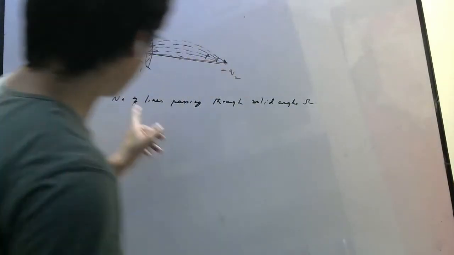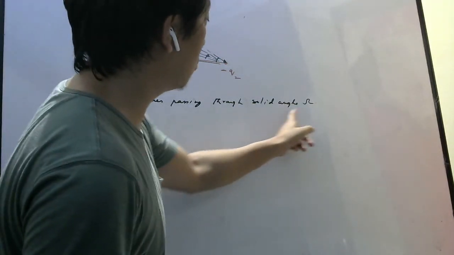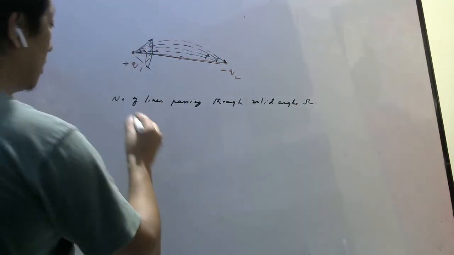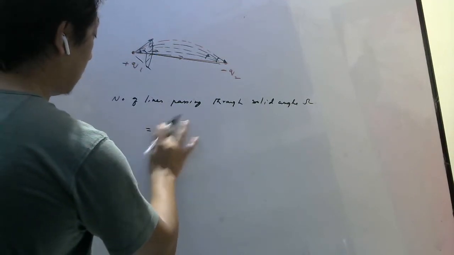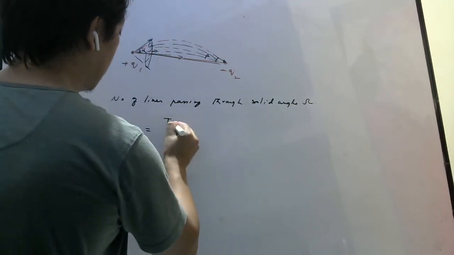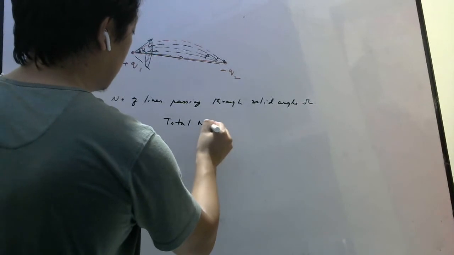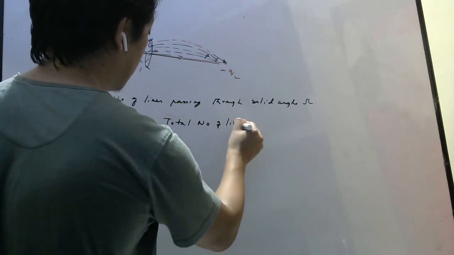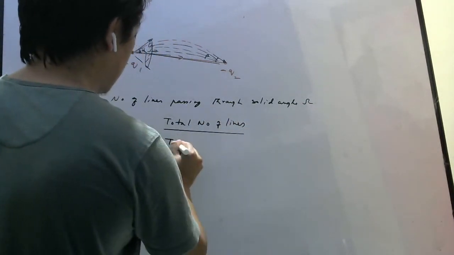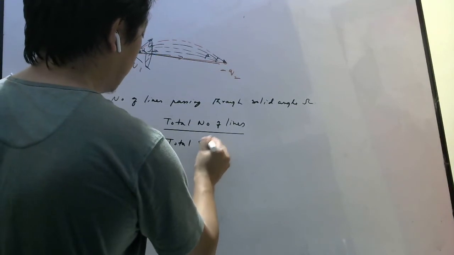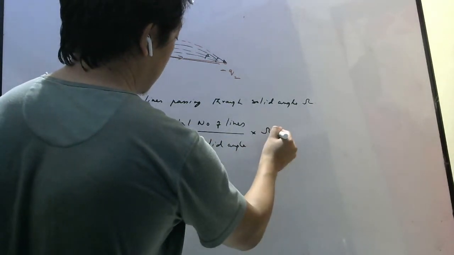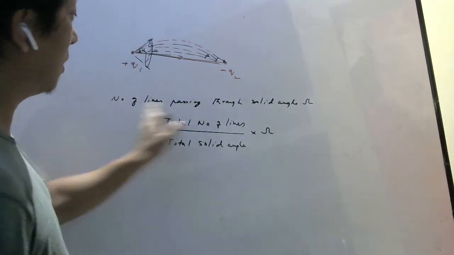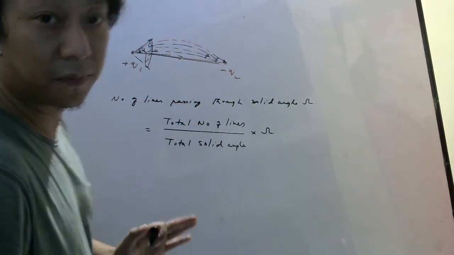So the number of lines passing through solid angle omega will be equal to the total number of lines divided by the total solid angle, into the solid angle through which you want the number of lines. I hope it is clear.